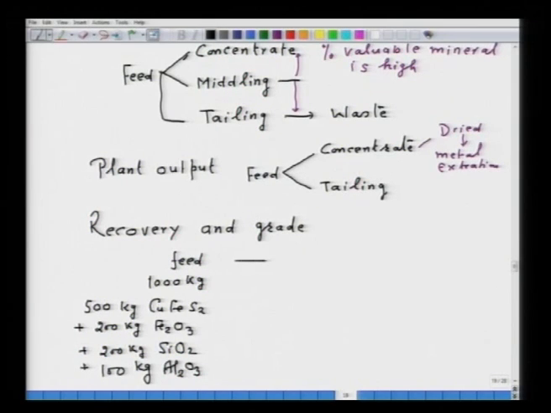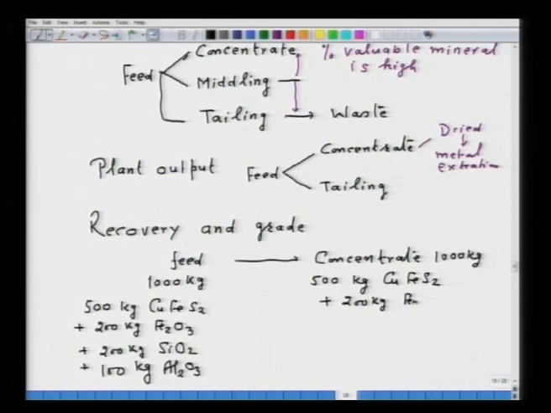Now, I produce a concentrate which also has 1000 kg, in which 500 kg CuFeS2 plus 200 kg Fe2O3 plus 200 kg SiO2 plus 100 kg Al2O3.